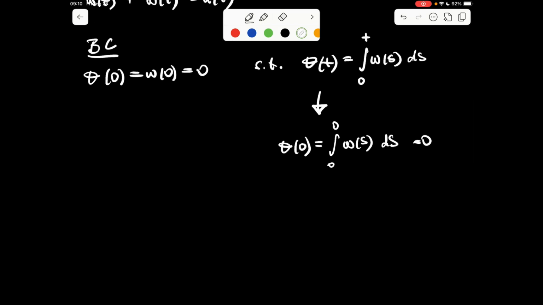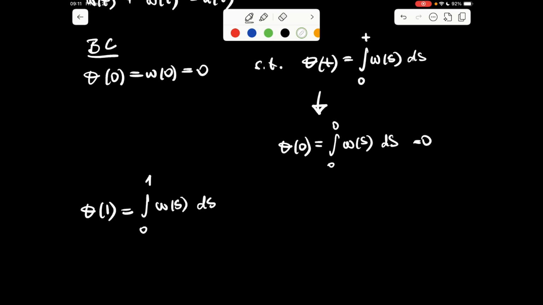Another condition, a boundary condition, a terminal condition, requires that at time 1, at the end of the process, theta, the angular position of the motor shaft, must be 1.